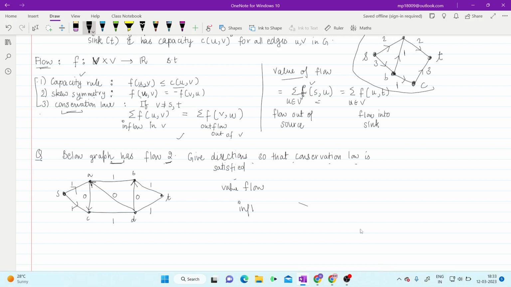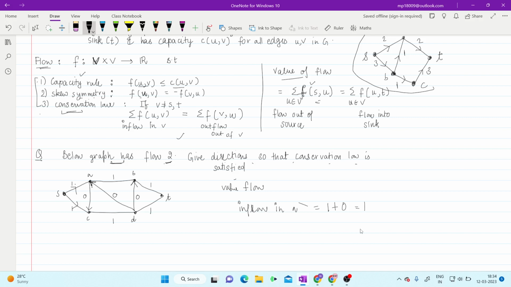Yeah, inflow in A is 1, because the vertices coming into A are SA and DA, and the flow here is 1, here is 0. So inflow in A is 1 plus 0, 1.